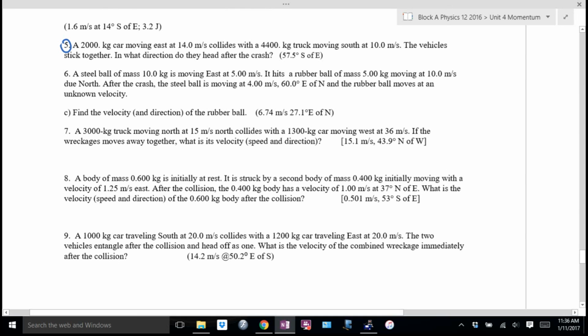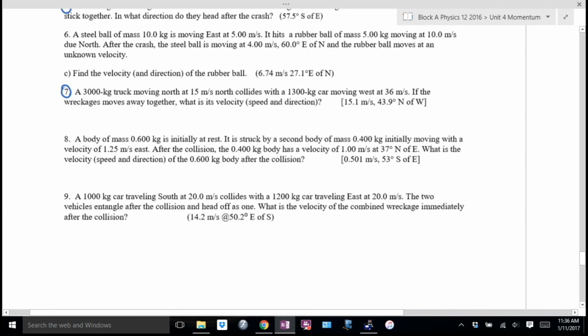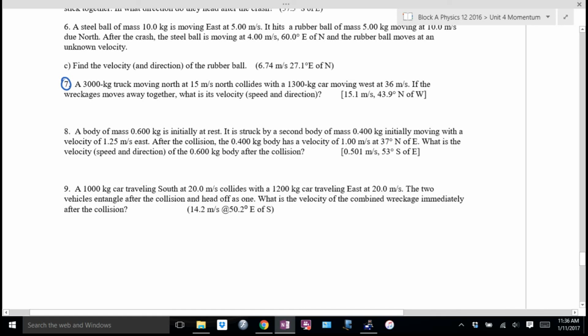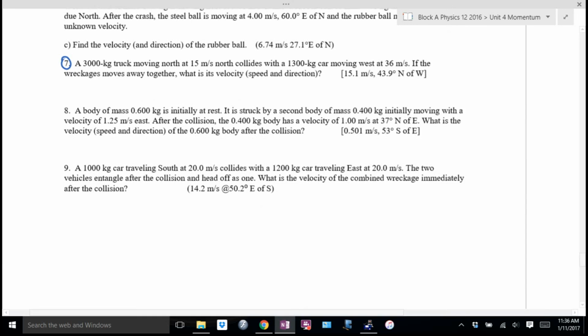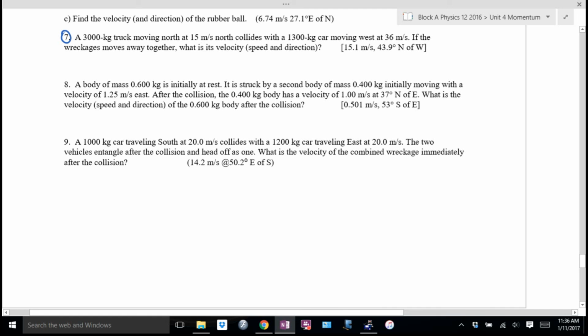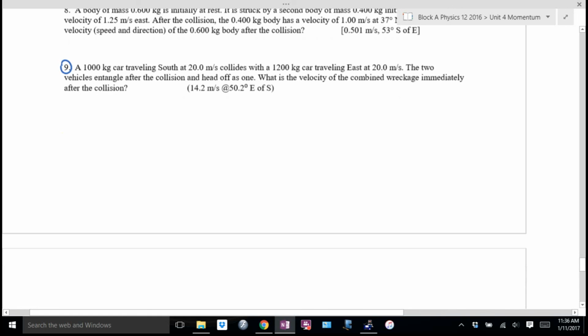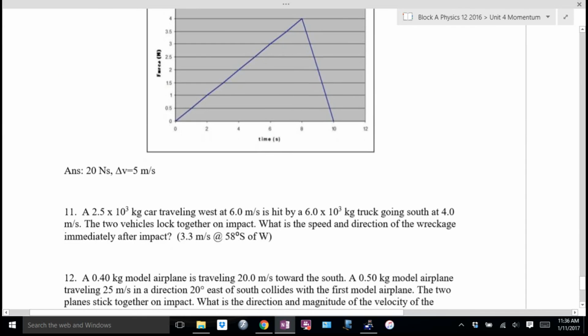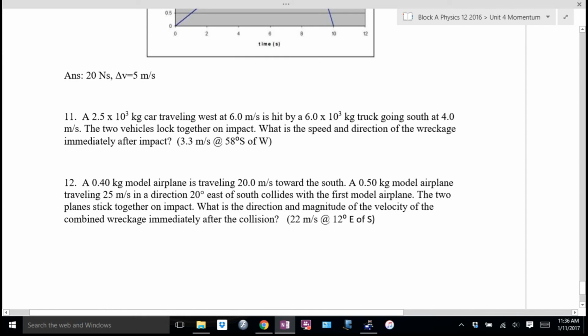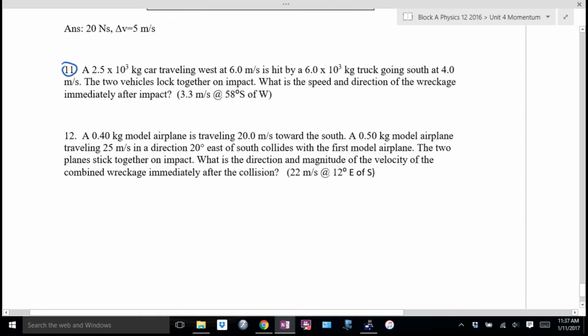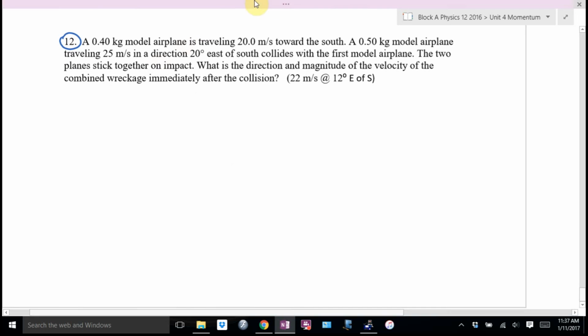Nah, 6 is yucky. Moving north, moving west. 7 is fair game. No, 8 is yucky. 9 is fair game. 10 is fair game. 11 is fair game. 12 is fair game. 12 is your first, I think, non-right angle triangle on this assignment.